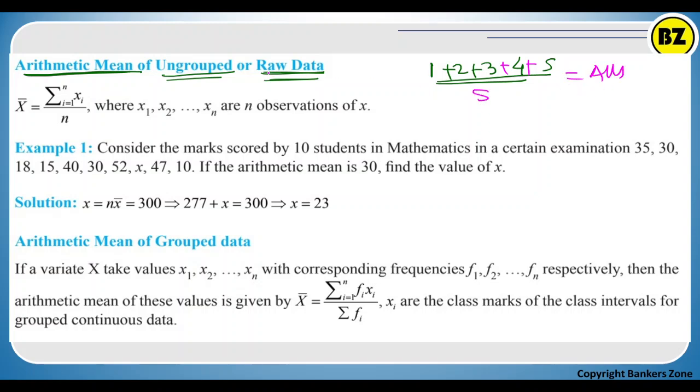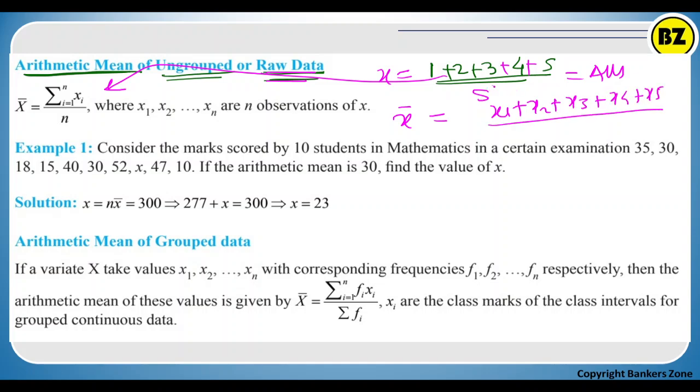So this is simply using raw data. The same can be put in a formula. These are the samples of x. So mean, x bar, is the summation of x1 plus x2 plus x3 plus x4 plus x5 divided by the number of items, 5, so divided by n.